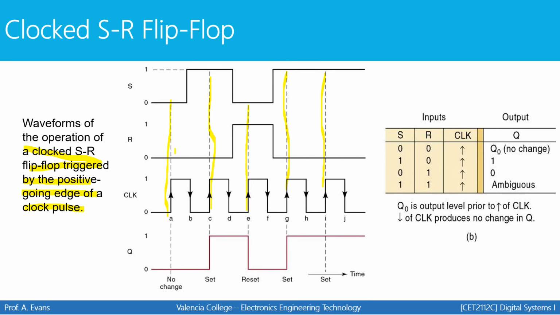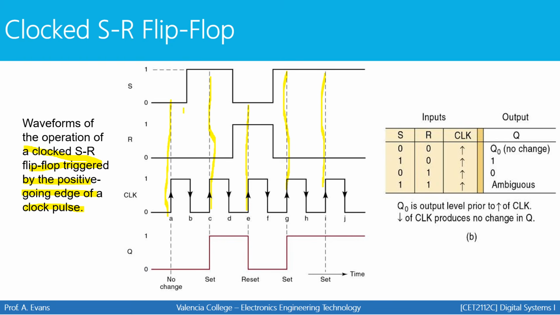So here's what the waveform for the SR flip-flop would look like. If we start from the beginning, we're going to assume the output was initially 0. The first time the clock makes a positive transition, it's going to transition based off of what S and R are at this particular moment in time. At this moment they're both 0, so this would be no change. The next point in time that matters is the next time the clock makes a positive transition, so we don't care about what happens in between.